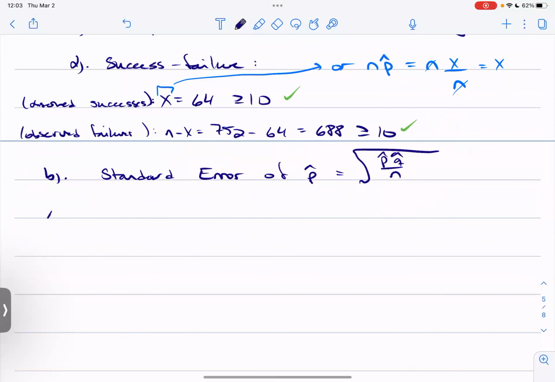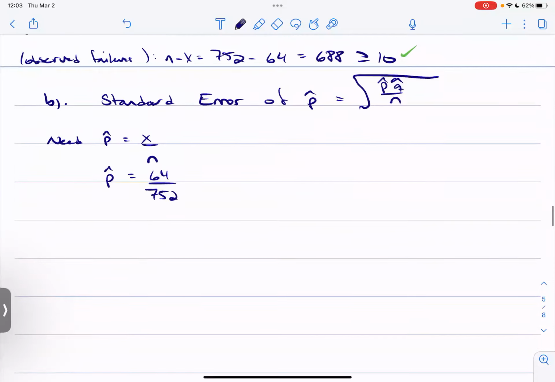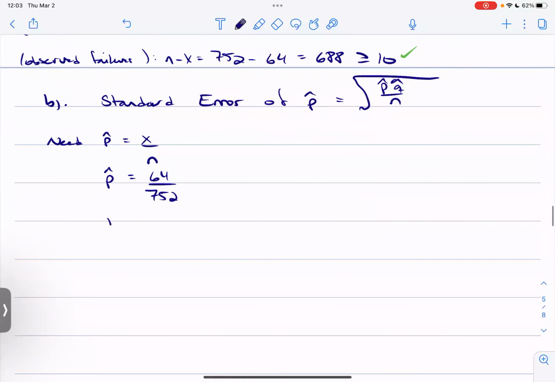So first we need p hat, which is X over N. So p hat is 64 over 752. And to 4 decimal places, 0.0851.